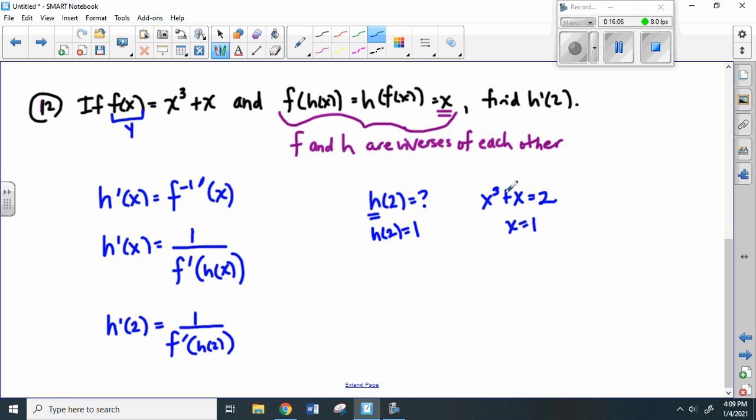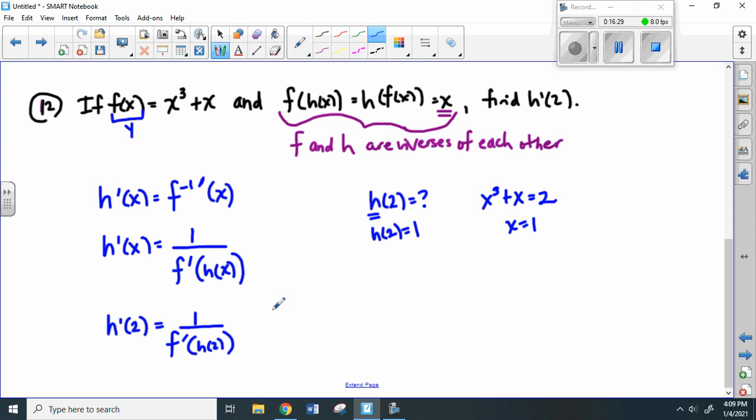I'm going to have you do an example in a few minutes where, if you can't figure this out by just checking a few numbers, you can make this equation equal to 0 and then use your calculator to find the solution. All right, so that is something that you can do on your own.